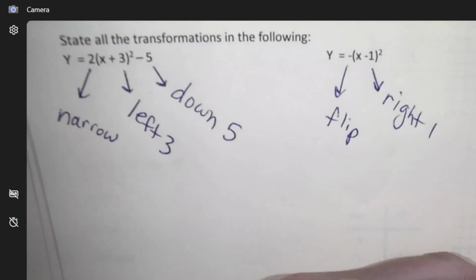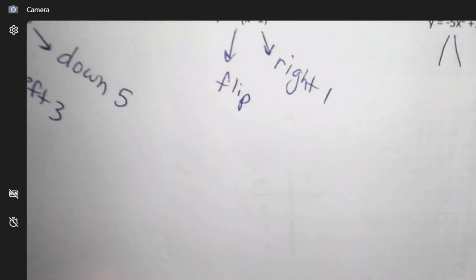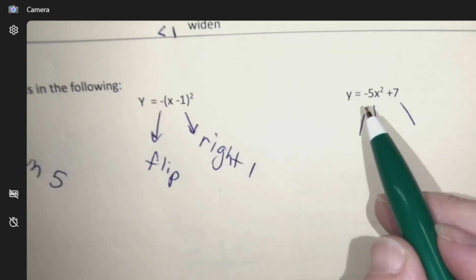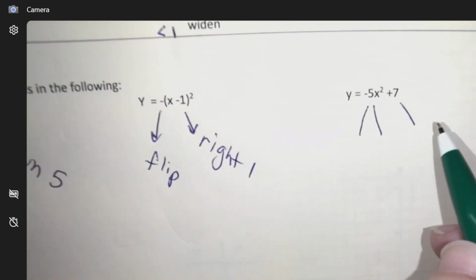Okay, this last one has 3 answers to it. I need you to write me 3 things. It does what because of the negative, what because of the 5, and what because of the 7.